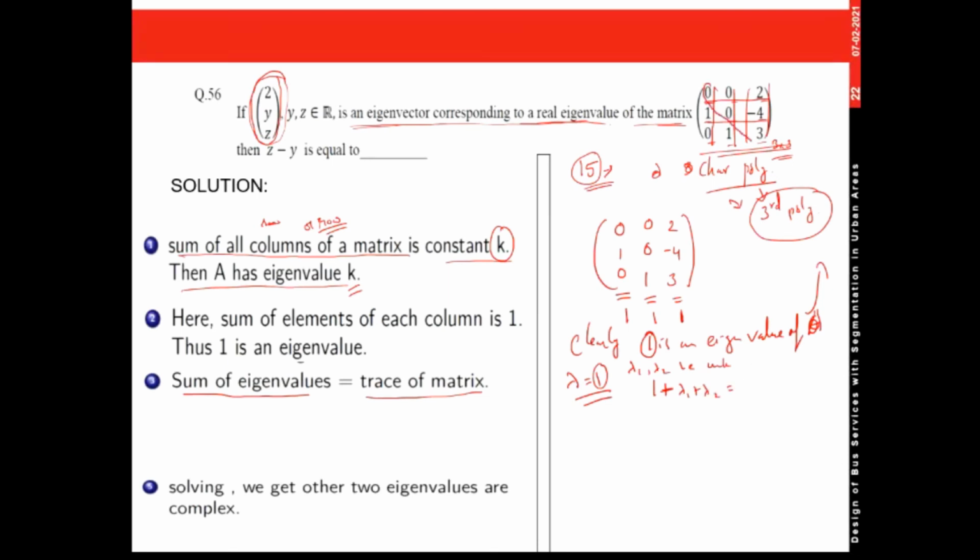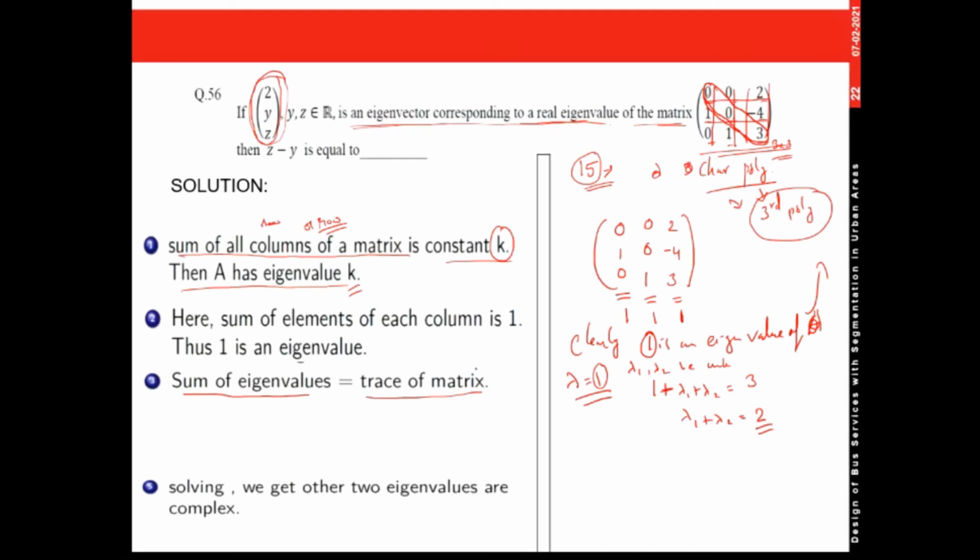Trace is the sum of the diagonal elements. So 0 plus 0 plus 3, this is 3. So the sum of the two unknown eigenvalues, lambda 1 plus lambda 2, is 2.